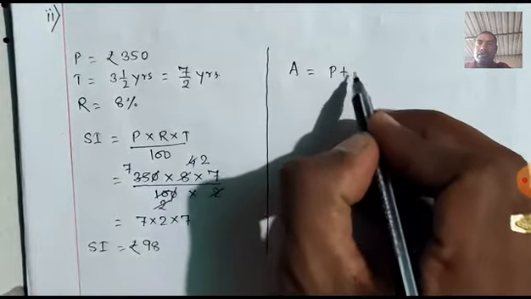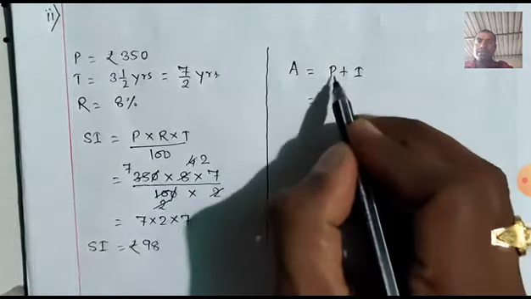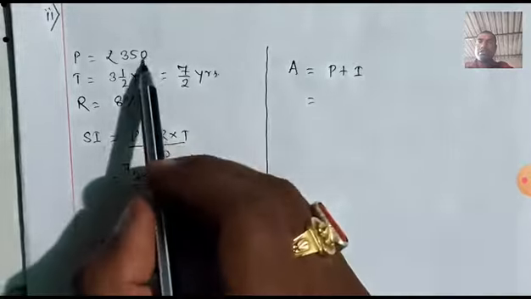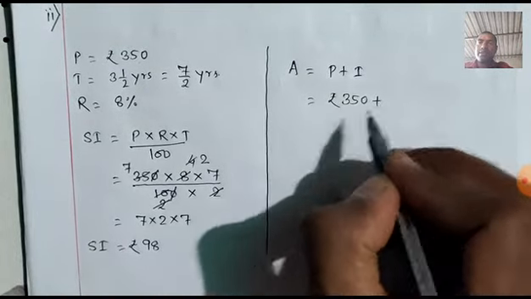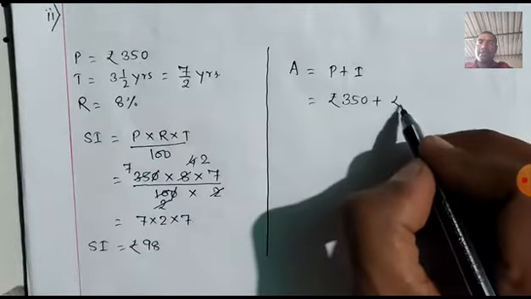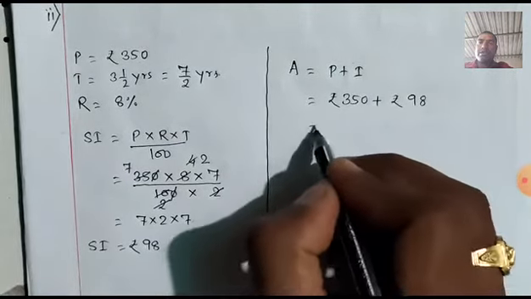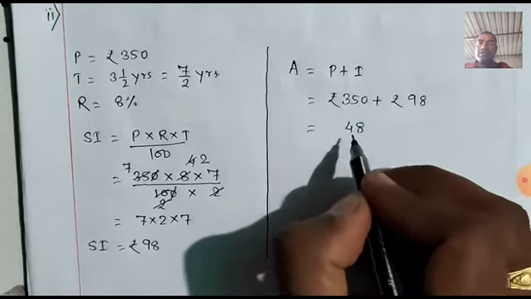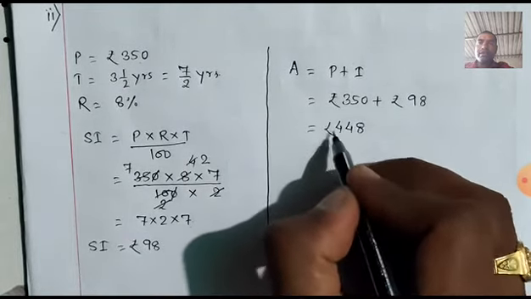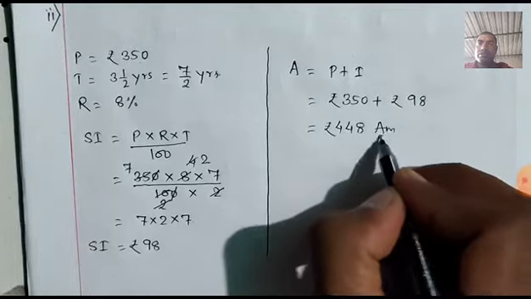Then here we have to find the amount, which will be P plus I. We know the formula. P is 350 and I is rupees 98. Add these both values. I am calculating, which will be 448.